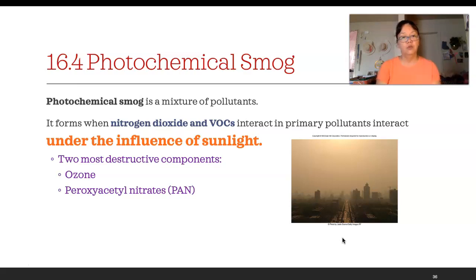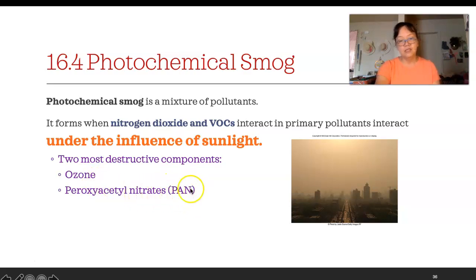The two most destructive components in this smog are ozone and PAN, peroxyacetyl nitrates. And you probably feel very overwhelmed. Oh my goodness. But if you look at the words here, ozone, this ozone is not the ozone in the stratosphere. It's ground level ozone, which is a serious pollutant.